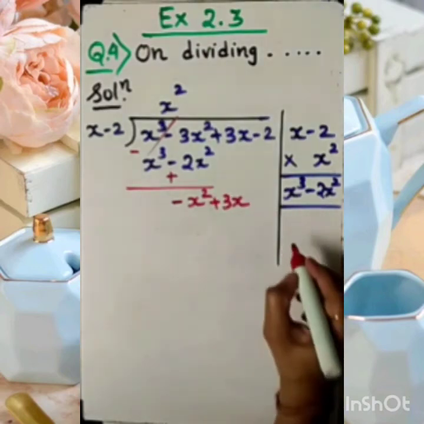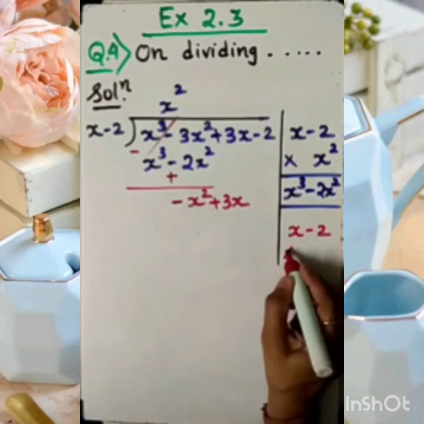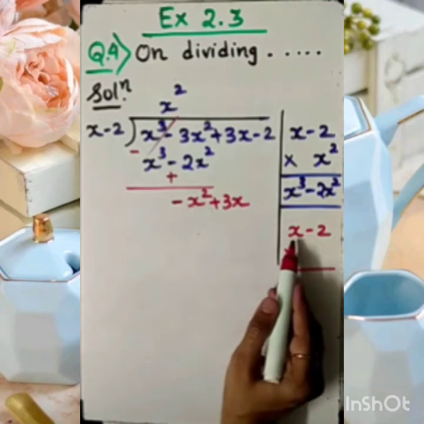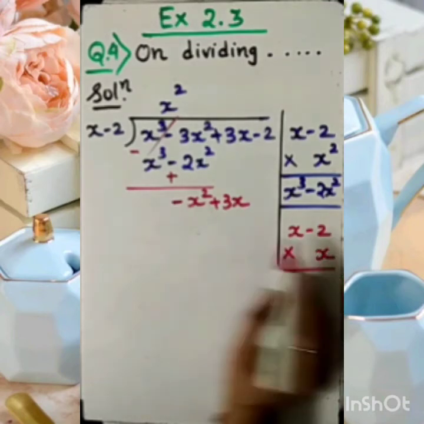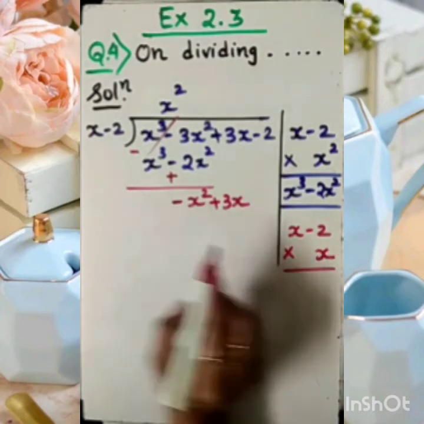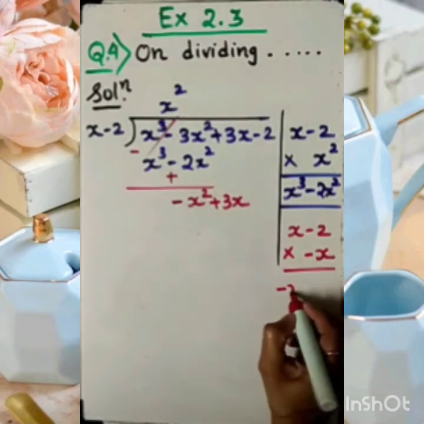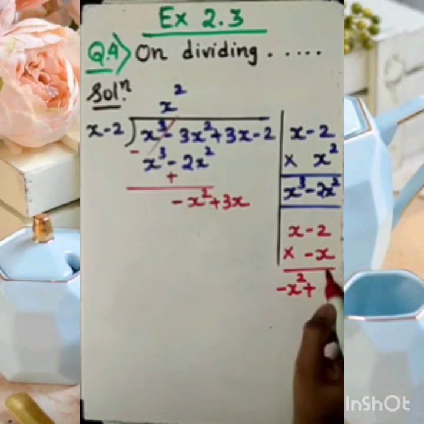Now, by which we need to multiply x minus 2 to get x square? Of course with x, but along with this minus sign, so I need to write minus x here. Minus x square.